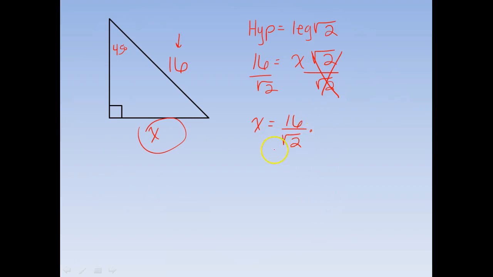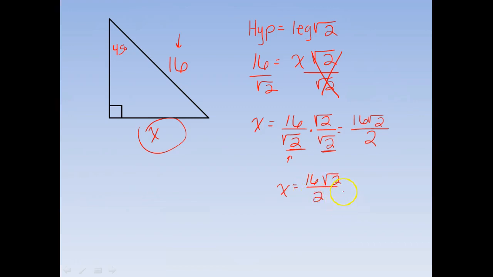Remember that if you ever have a square root in the denominator, if you multiply the top and the bottom by this denominator, you get rid of it. So 16 times root 2 is 16 root 2. And then what did we just say? Root 2 times root 2 is 2. So now I have x equals 16 root 2 over 2.